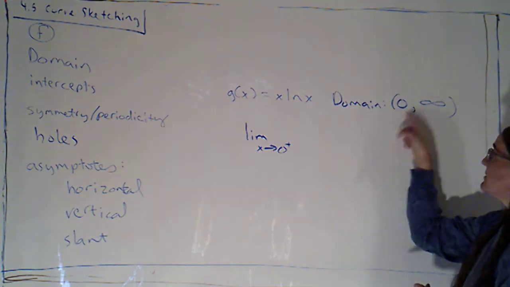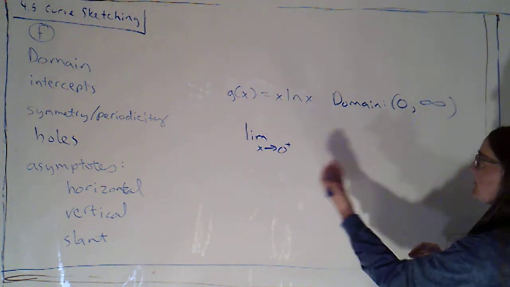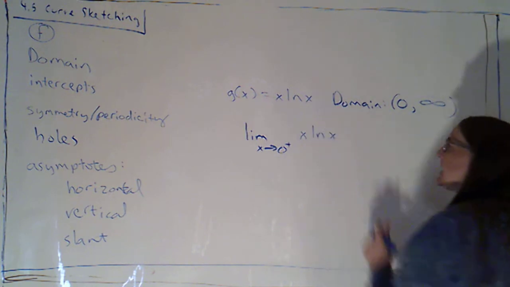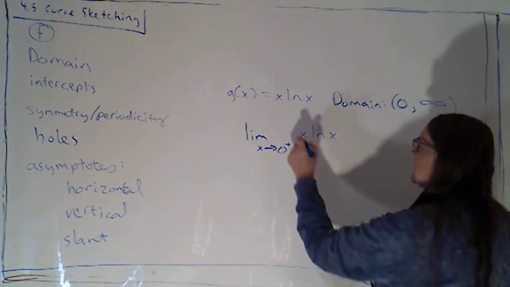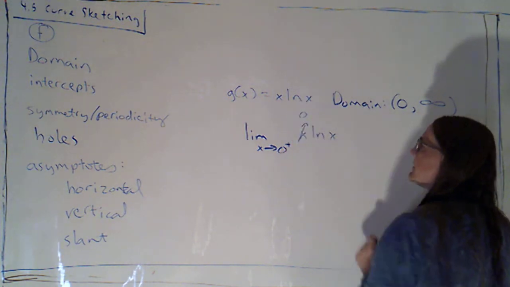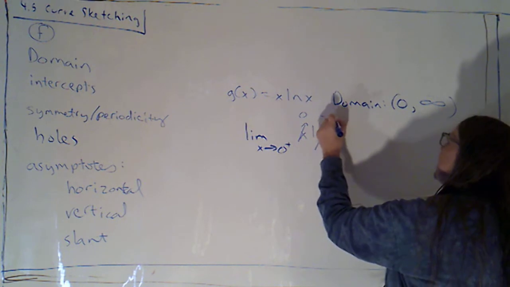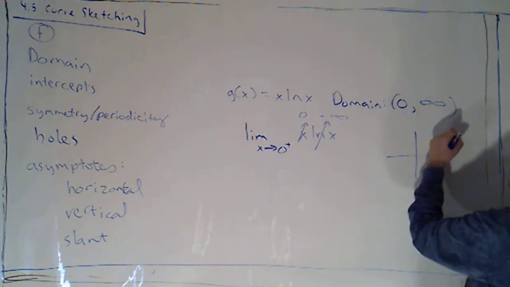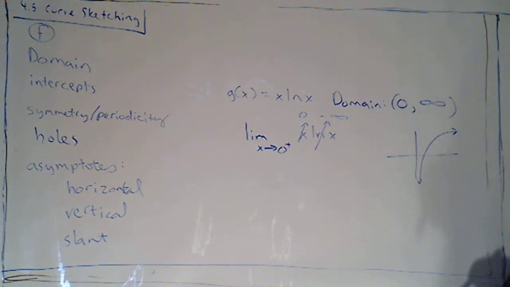We can only approach 0 from the right if we're in the domain of this function, because to the left of 0 we're outside of the domain of x times the natural log of x. Now if I look at this, x is going off to 0. The natural log of x is going to negative infinity. Remember what the graph of the natural log function looks like is something like so.